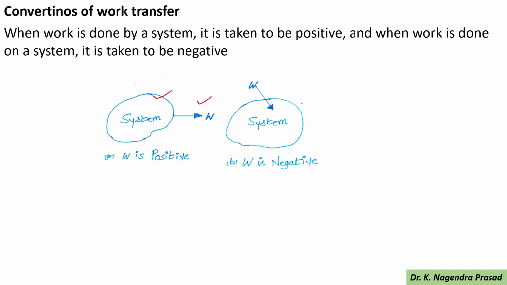Similarly, observe figure B. Here work is negative because work is done by the surroundings on the system. The unit of work is newton meter, or joule.